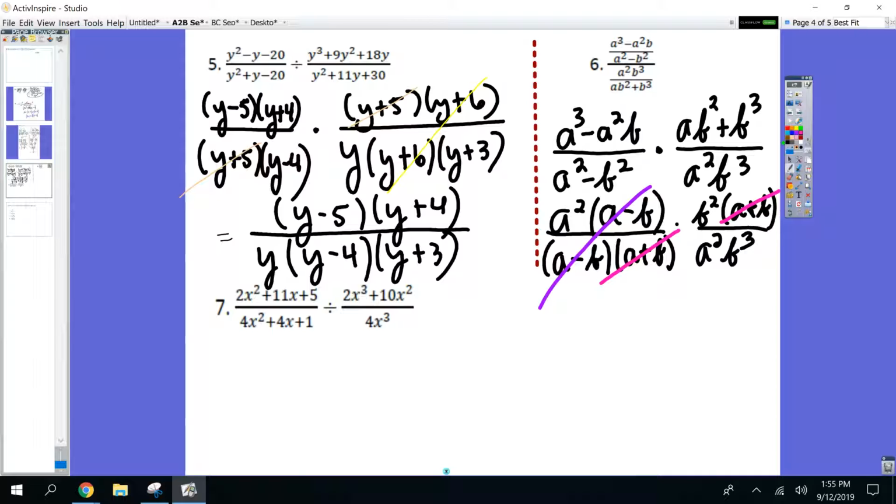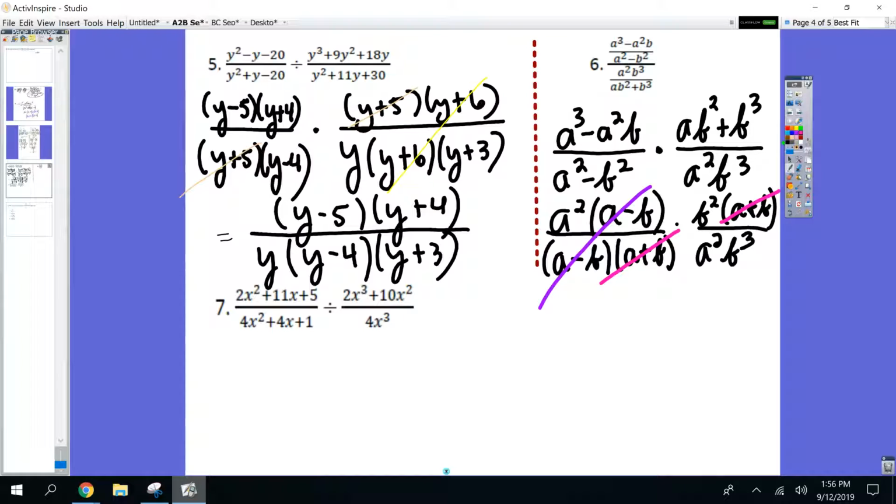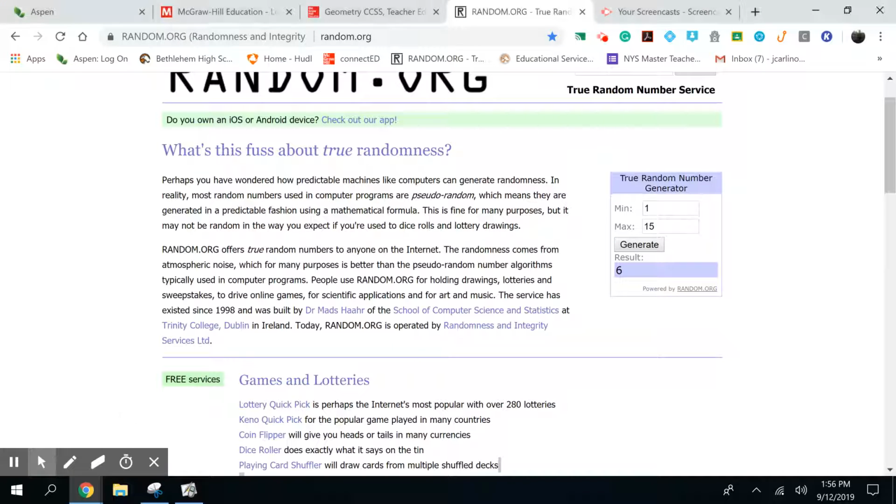Here we go. Anything else to cross out? 6. Yep. Anything else to cross out? 6.